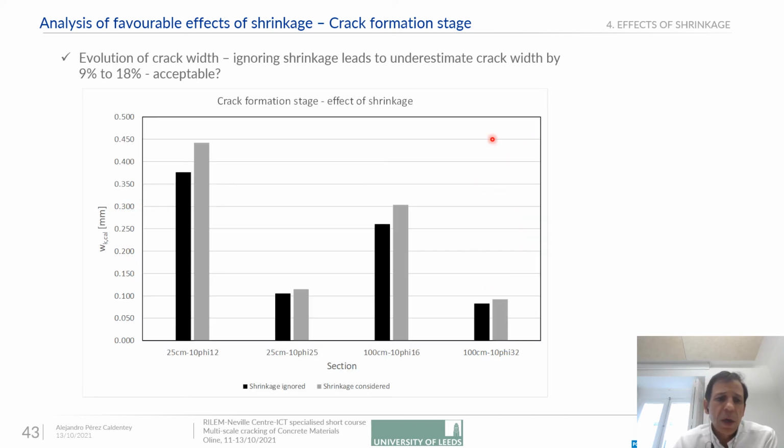But this underestimation goes from 9 to 18%. So it is not really very dramatic. And since we have many other uncertainties when dealing with cracking, we felt it was acceptable to ignore this effect and disregard it for the crack formation stage.